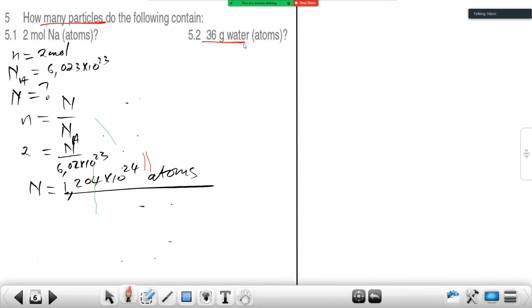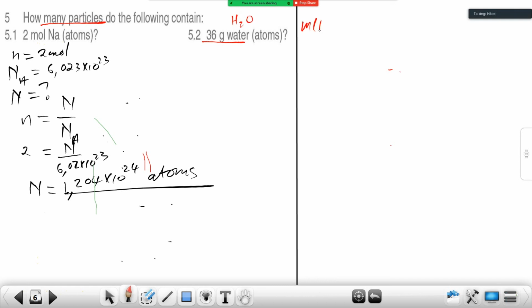So I'm given the mass. Remember I said the number of moles is the base of everything that we are going to do. So if I'm given the mass, I must convert the mass to the number of moles. Here I have water. I know water is H2O.